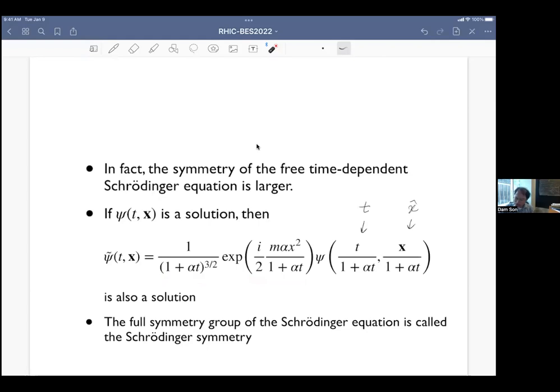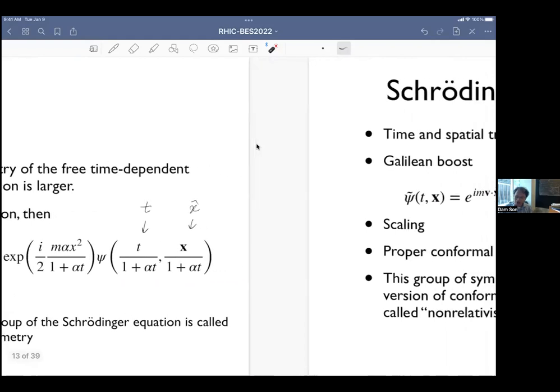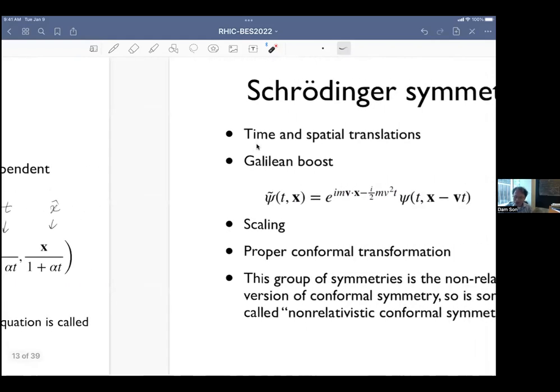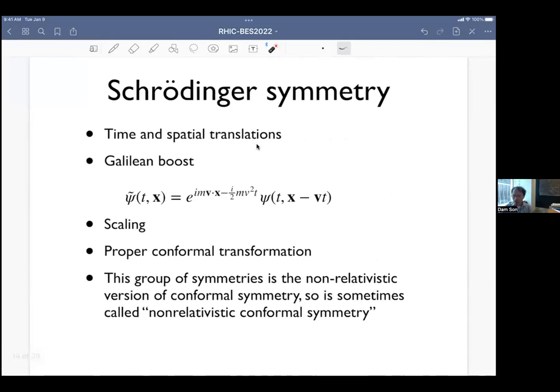So it turned out that the free Schrödinger equation, or the Schrödinger equation with 1 over r squared potential, has a larger group of symmetry, and this group is called the Schrödinger symmetry. The Schrödinger symmetry consists of time and spatial translation, the Galilean boost, scaling, t goes to lambda squared t, x goes to lambda x, and one of these so-called proper conformal transformations that I mentioned on the previous slide, and also rotation.